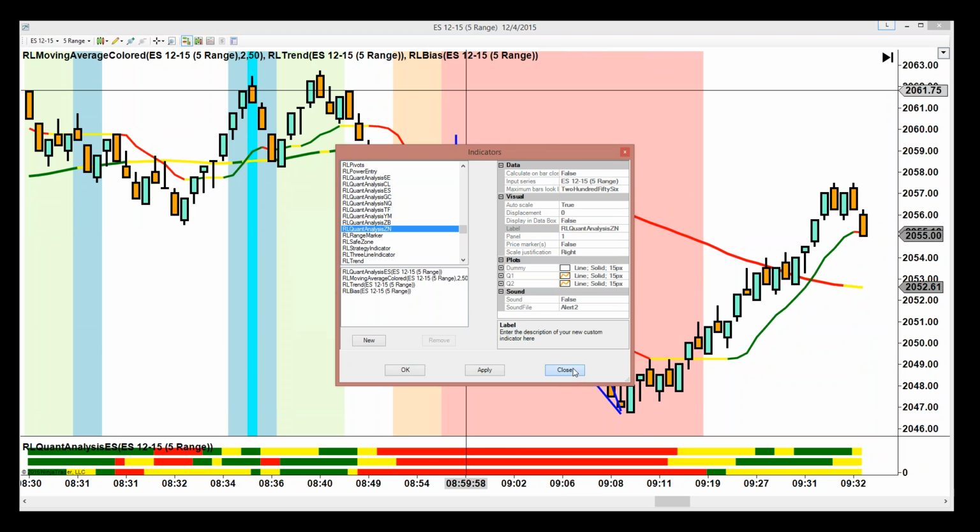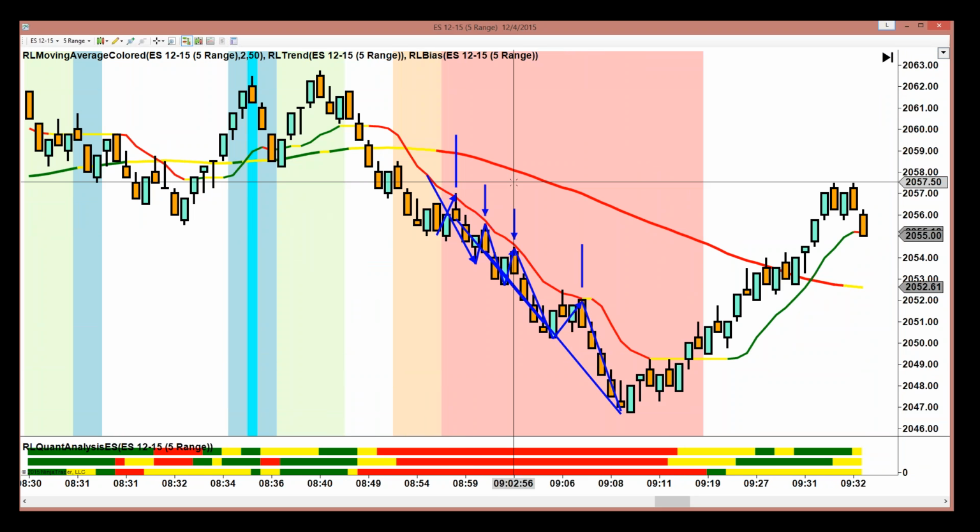Now, we're in the process of perfecting this week our quant lines for stocks. One is going to be for stocks on the New York Stock Exchange. The other is going to be for stocks on the NASDAQ.